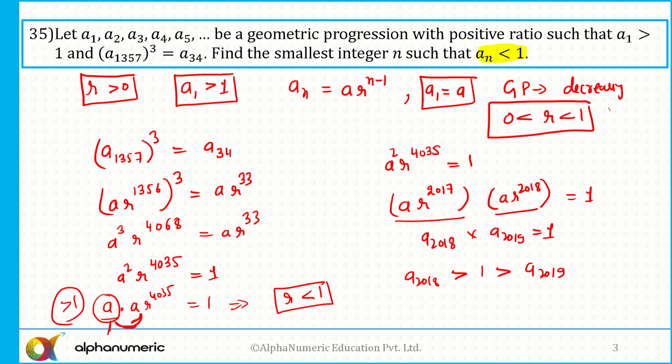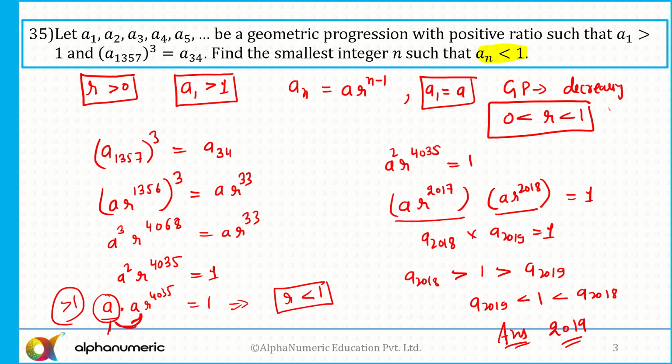You can see here that A2019 is definitely less than 1, and then A2018 is more than 1. So the smallest integer n such that an is less than 1, the answer comes out to be 2019. Because A2018 is more than 1, and it's a decreasing GP.